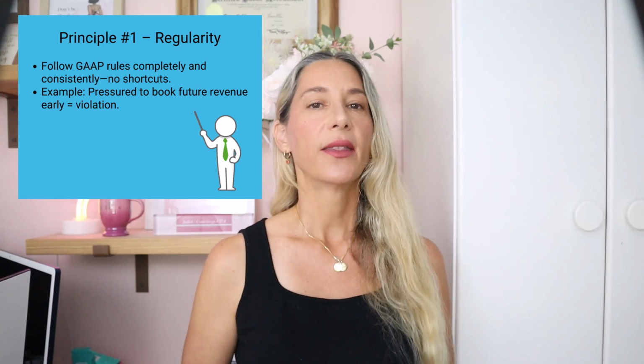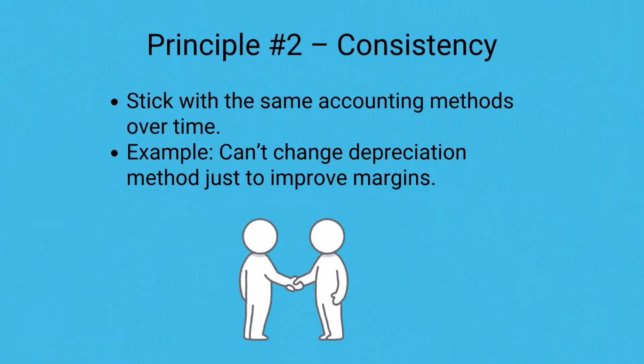That's a clear violation of regularity. You can't just bend the rules because the company wants to look better on paper. This principle exists to ensure every accountant follows the same standards, even under pressure. Without it, financial statements would lose all credibility and investor trust will go out the window.